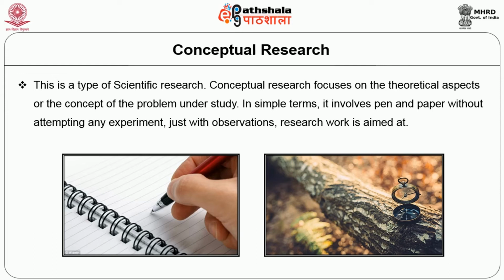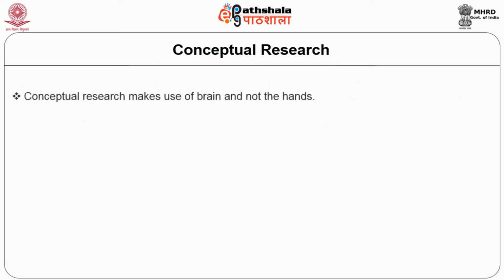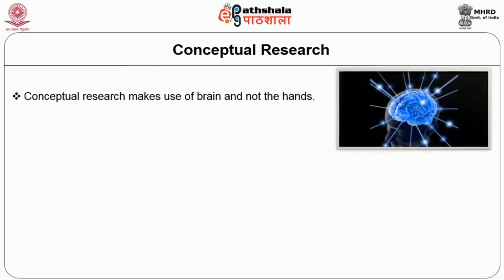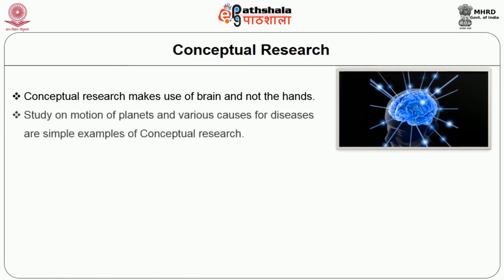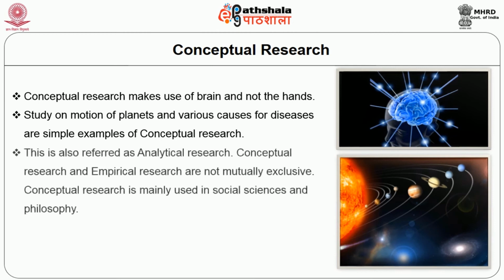Without attempting any experiment, just with observations, research work is aimed at. Conceptual research makes use of brain and not the hands. Study on motion of planets and various causes for diseases are simple examples of conceptual research. This is also referred to as analytical research.